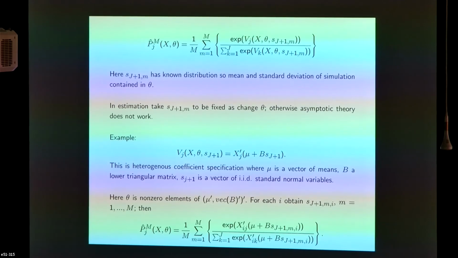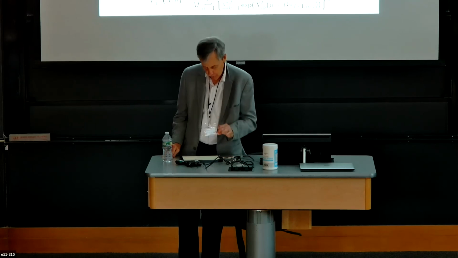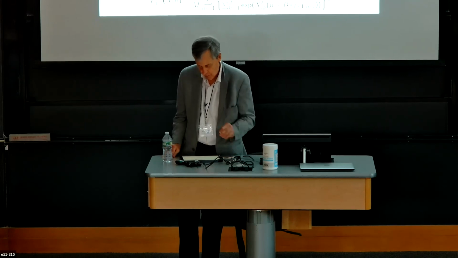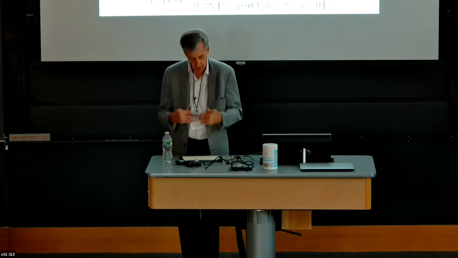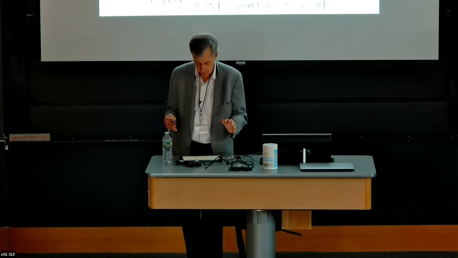So there's the choice probability, and again, it's nice. One thing I want to say about this is, remember, this S has a known distribution. One way to think about this is S perhaps is normals.